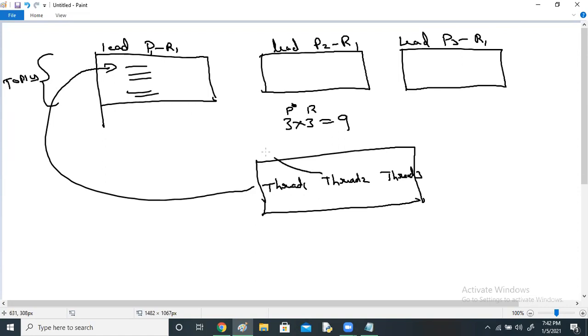Thread 2, thread 3. For example, the first time thread 1 has read.